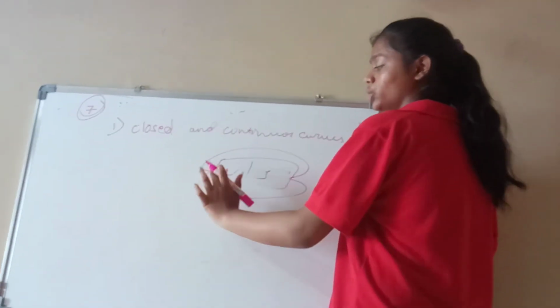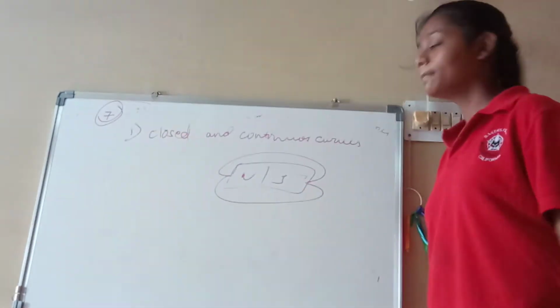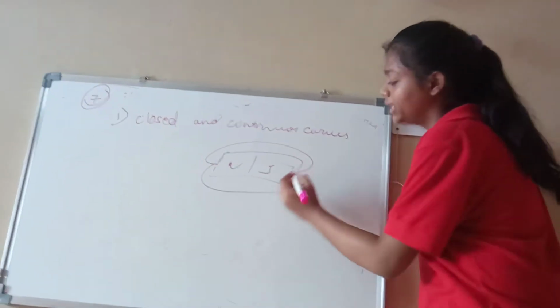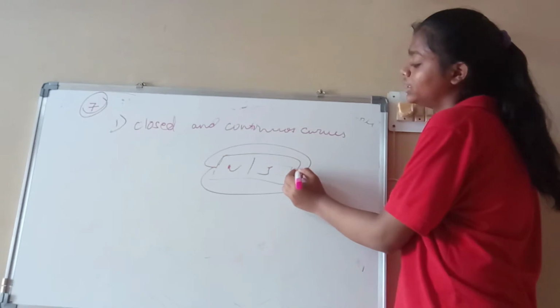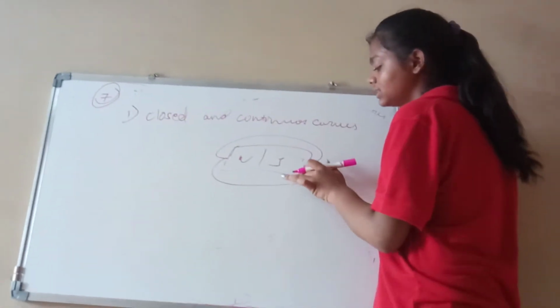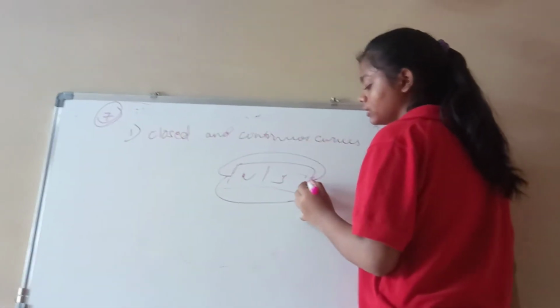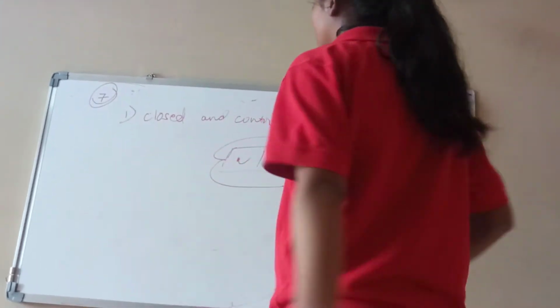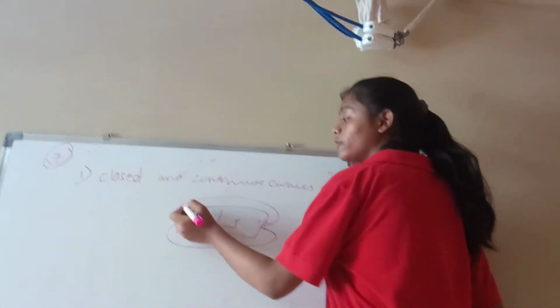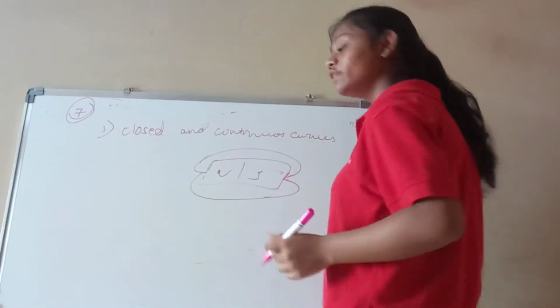There is no more point it can move, so it closes here. It is continuous, it has curves, it is continuously curved. So the first property is clear: it is closed and continuous curves.